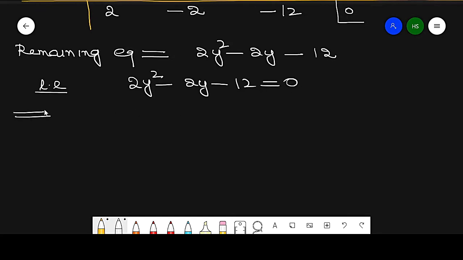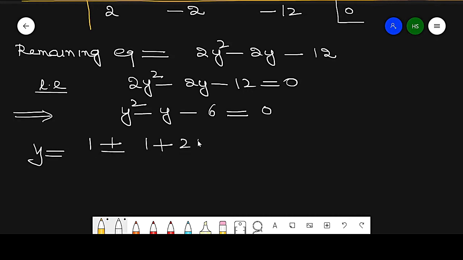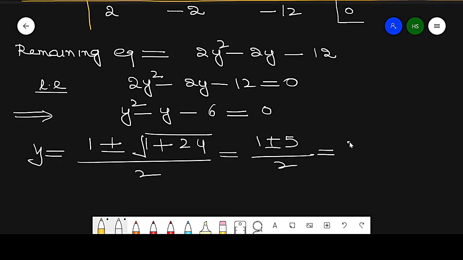So what are the roots? y is equal to (1 ± square root of (1 + 24)) over 2. So this is (1 ± 5) by 2, so this is 3 and -2. So we get the remaining two roots, -2 and 3.